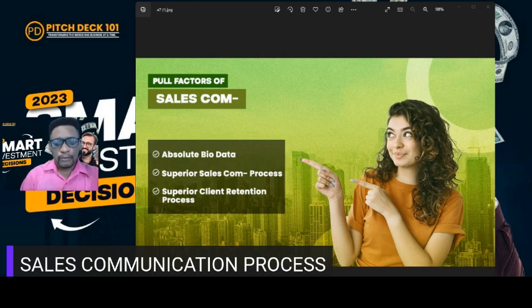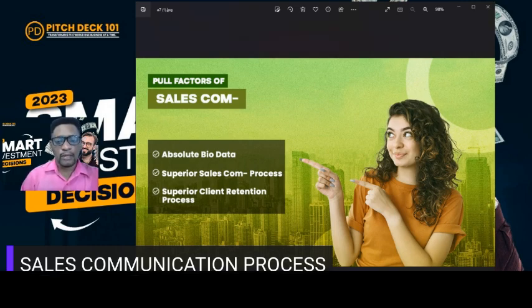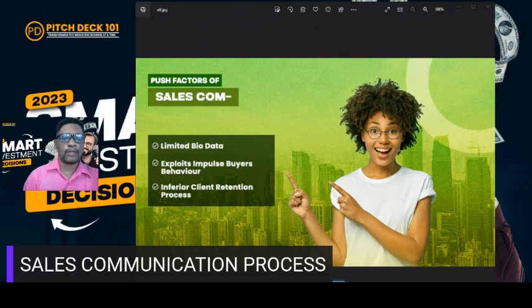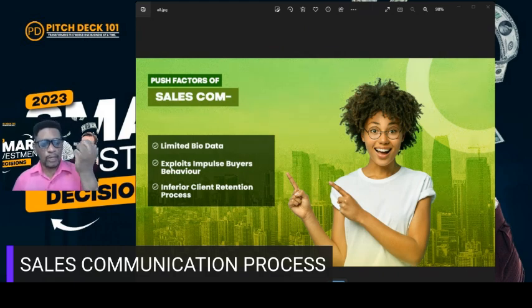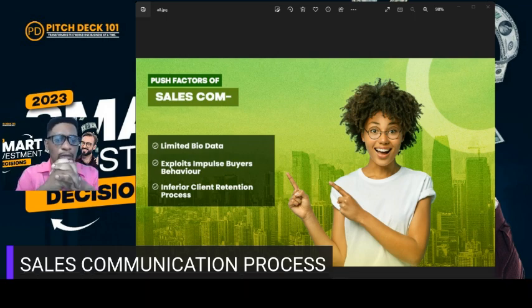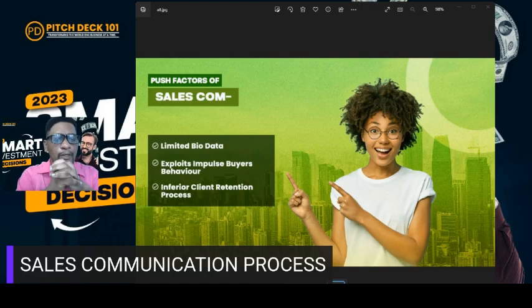Now, I want us to look a little bit at what we call the push factors of sales communication, because it is important that we understand both the pull factors and the push factors of sales communication. Now, the push factors of sales communication, as is pointed out in the slide before you, have limited biodata.